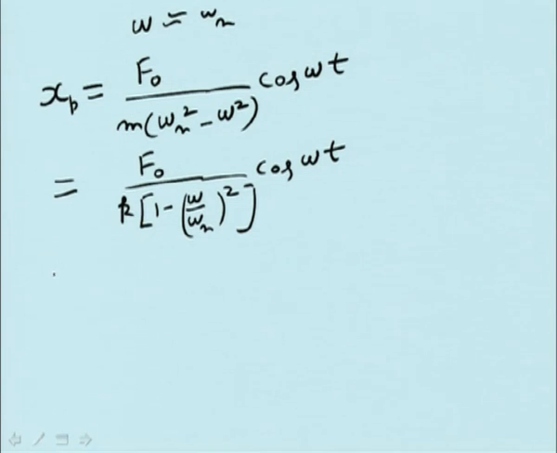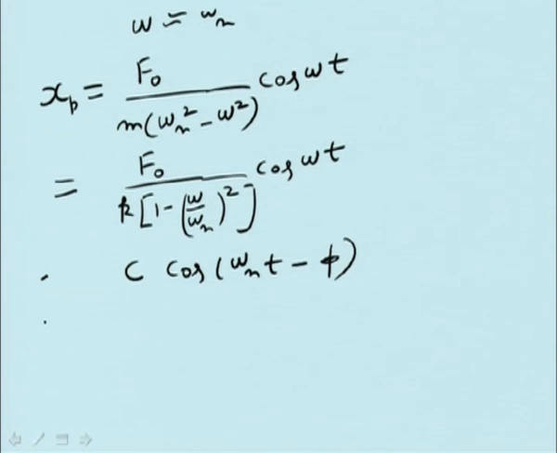Now here, therefore x is equal to, even if there is no damping, let us take the case of no damping, then there will be a homogeneous solution also, that is the complementary part. So the complementary function is given by C, a constant, cos(omega n t minus phi), where phi is some angle.